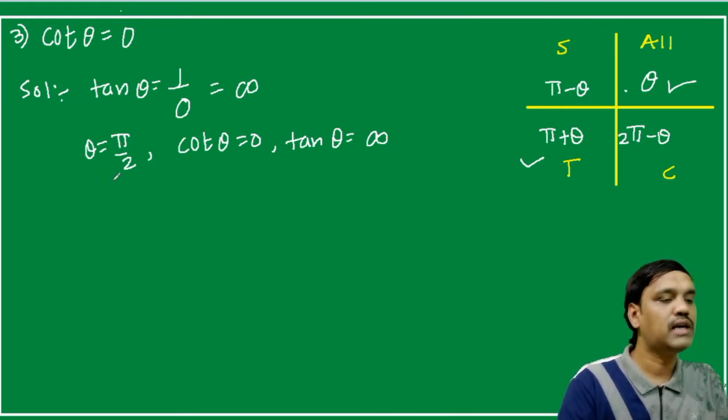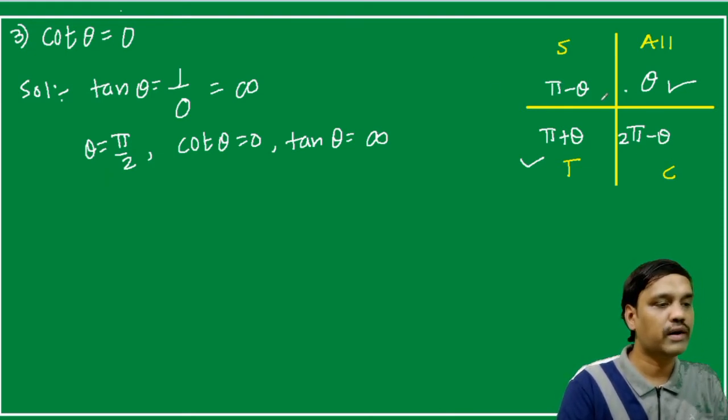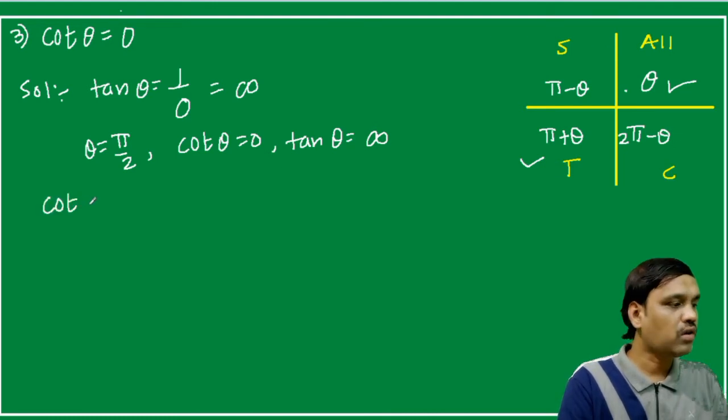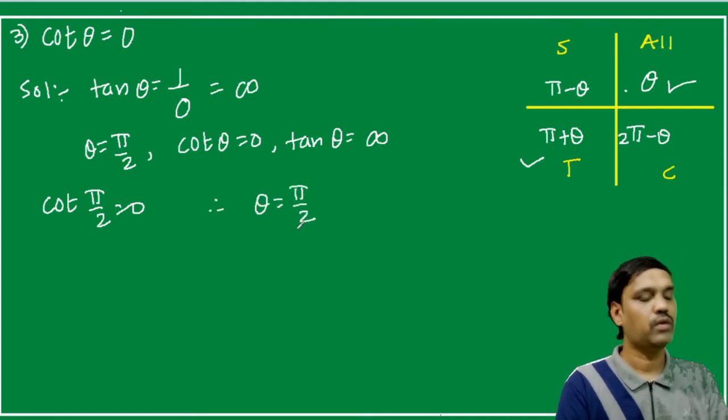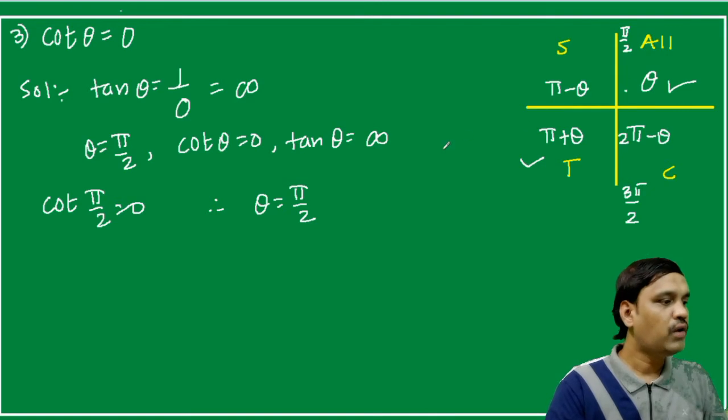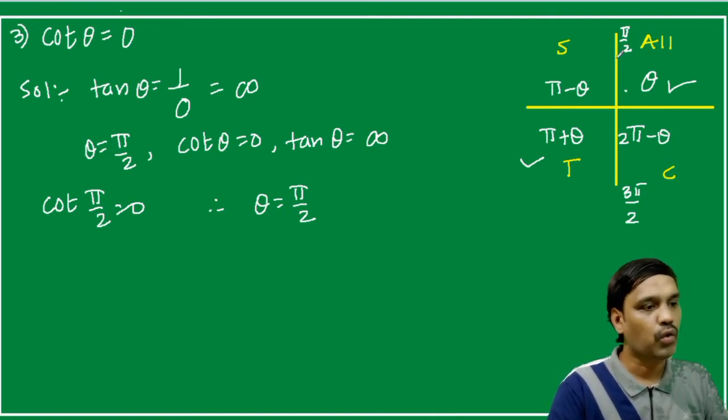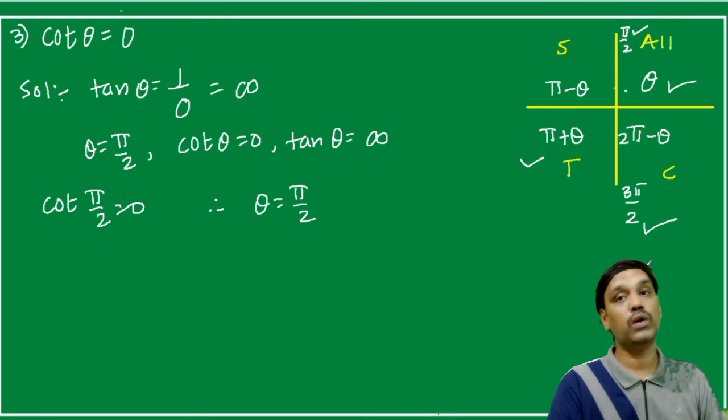Now this value of theta is not in any quadrant, it is on the axis. Actually it is on the y-axis. Cot of pi by 2 is equal to 0, and therefore theta equals pi by 2. Now observe that the value of cot is 0 at the angle of 90 degrees, on the y-axis. It will also be 0 on the negative side of the y-axis, where 3 pi by 2 lies.